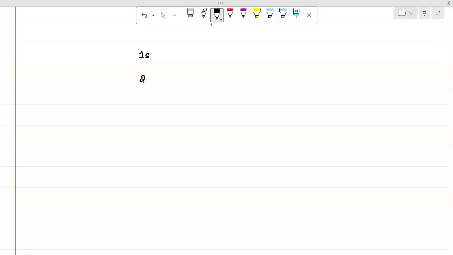The way you will be doing it, please write it along. 1s, 2s, 3s, 4s, 5s, 6s, and 7s, because there are 7 rows. Now 1p does not exist, correct? If n is equal to 1, the value of L is just 0. L cannot be equal to 1, so 1p won't be there.